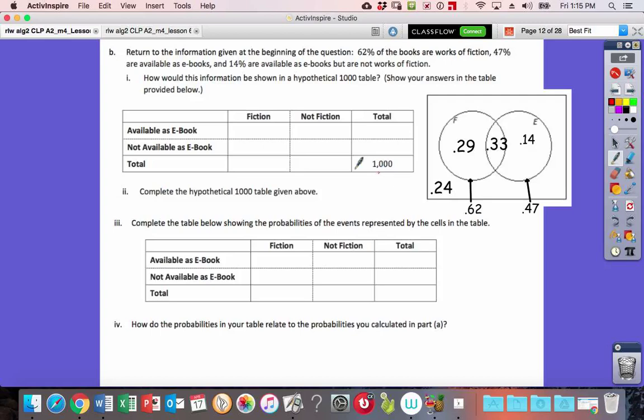Okay. What we do know is the total number of fiction books, right? So the total number of fiction books is that 0.62. So I would write in 620 right there. So that's the total number of fiction books. I also know the total number of ebooks. That would be right here. So that's how I filled in the 0.62, 0.47.